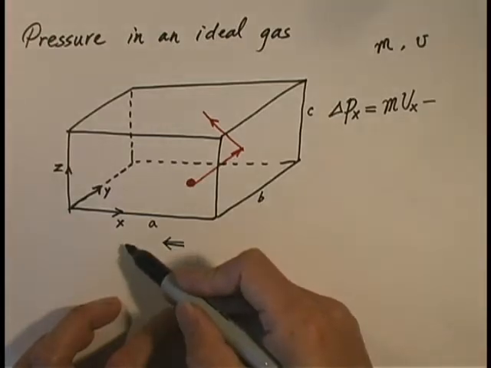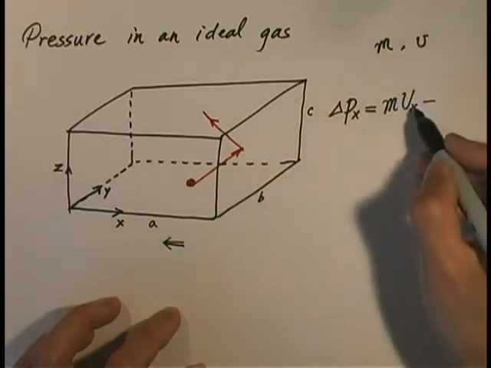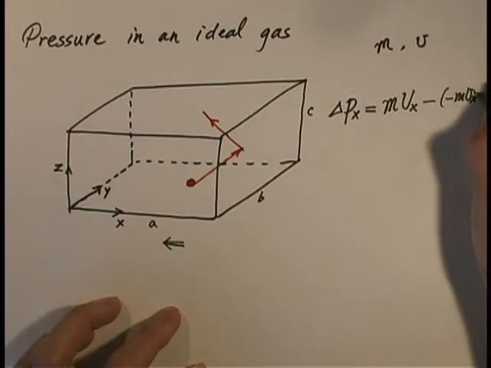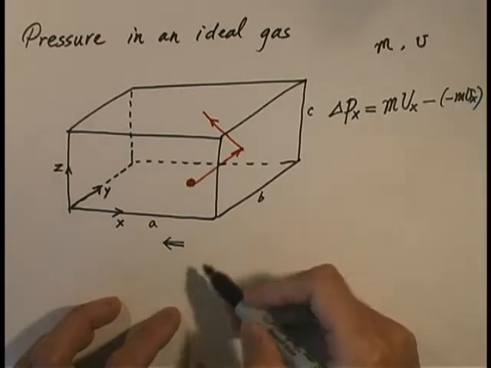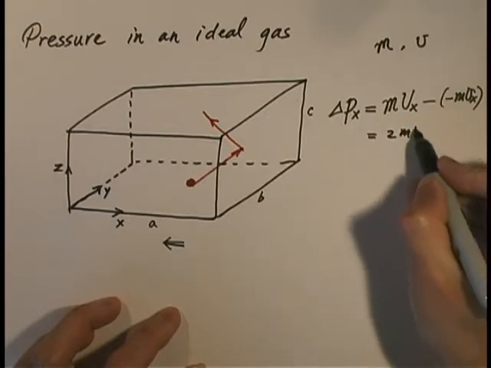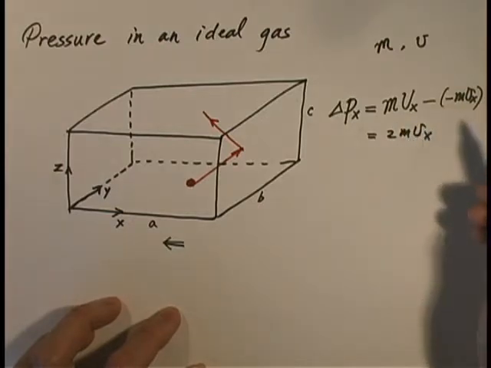So after the collision, the momentum is mvx, but before the collision, it's negative mvx, because before the collision it moves that way. So that is 2mvx. That is the change in momentum for this one molecule.